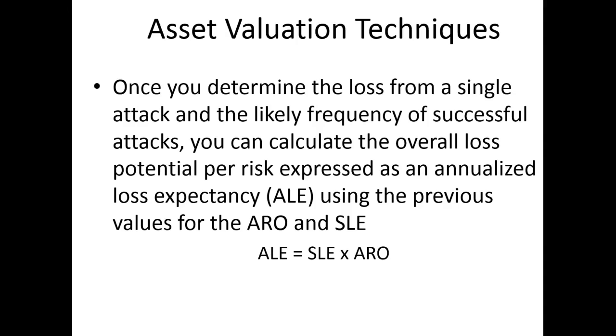Once we determine the loss from a single attack and the likely frequency of successful attack, we can calculate the overall loss potential per risk, expressed as annualized loss expectancy, or ALE. So the ALE formula is SLE times ARO.